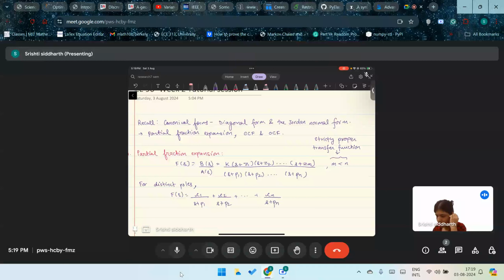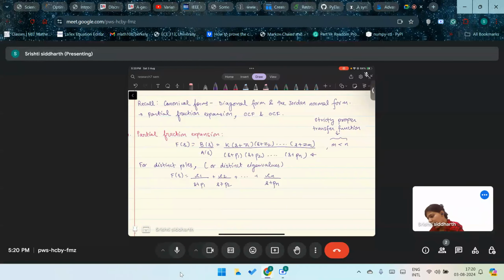This is the case when we have distinct poles or distinct eigenvalues. The eigenvalues of the system are the poles, the roots of the characteristic equation or the denominator of the transfer function. And how do you find the constants c1, c2 up to cn? For example, to compute c1, you consider this expression and evaluate it at minus p1.